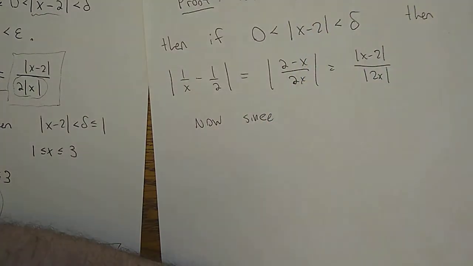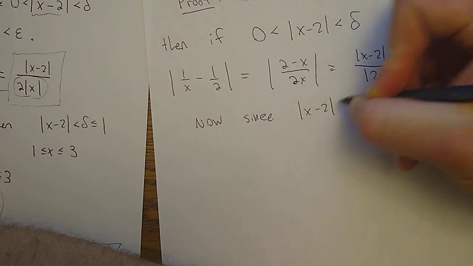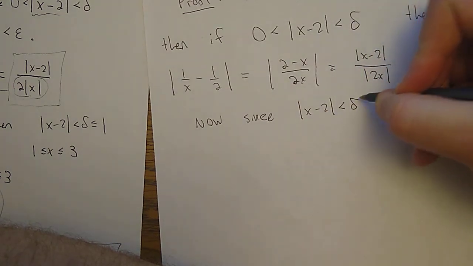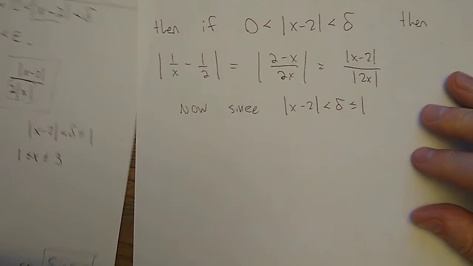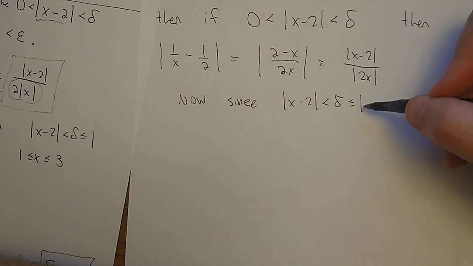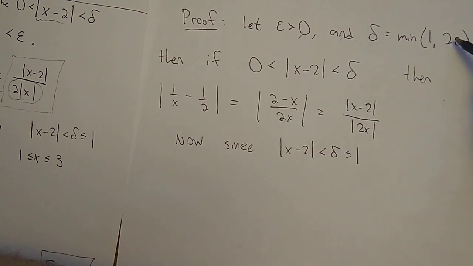Since absolute value of x minus 2 is less than delta, and delta is less than or equal to 1, again, because that's one of the two things in the min. Delta is less than or equal to this, and also this.